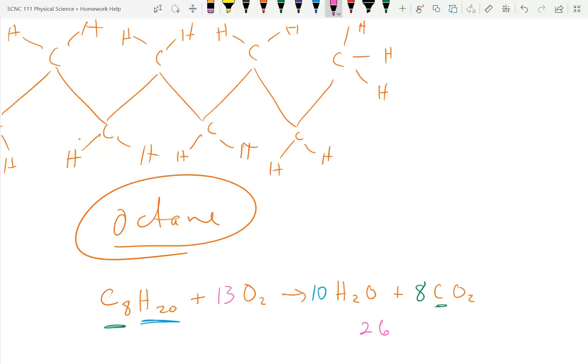Now, this would be perfect combustion. There's no such thing as perfect in life. And so you have some other chemicals that are in the gasoline, and then you have not complete combustion. And so you'll form some other things, like carbon monoxide, because of not perfect combustion. But this would be the ideal case.